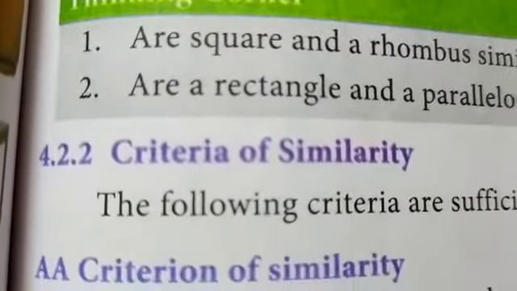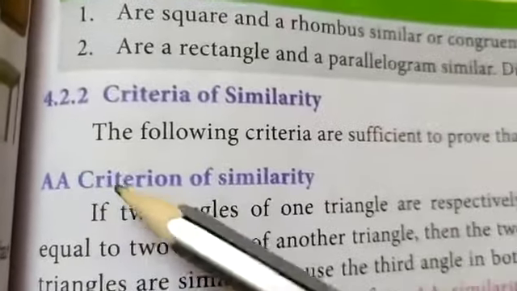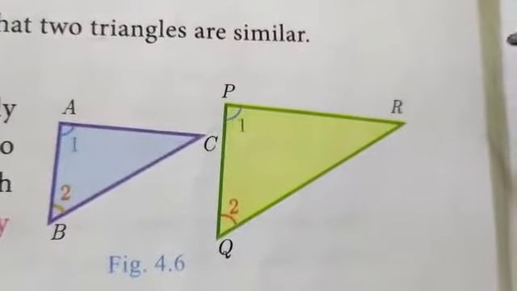Our next topic is criteria of similarity. In that we are first going to see the AA criterion of similarity. Okay. So you can see two triangles ABC and PQR.